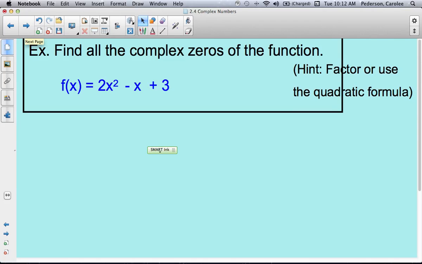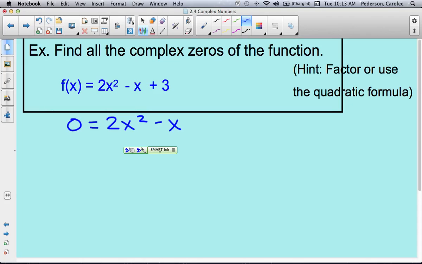And the hint is, either try and factor it, in this case we'd have to use the AC method, or use the quadratic formula. Most students tend to not want to do completing the square, and solve by undoing doesn't work. So we're going to set the function equal to 0, and then solve for x.